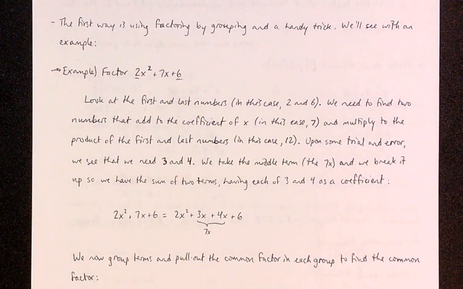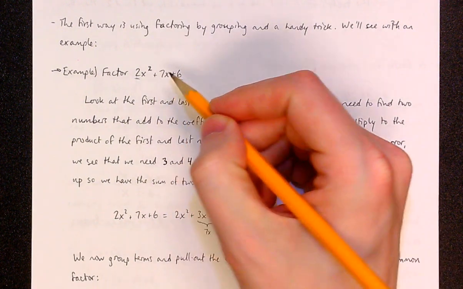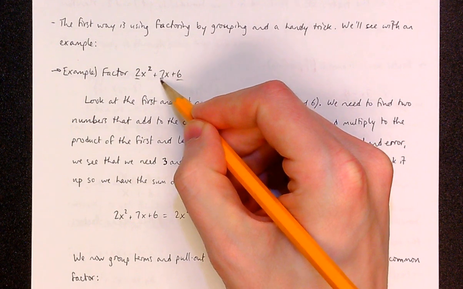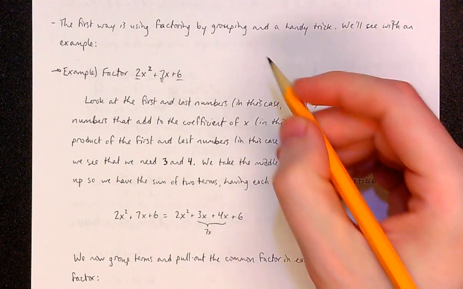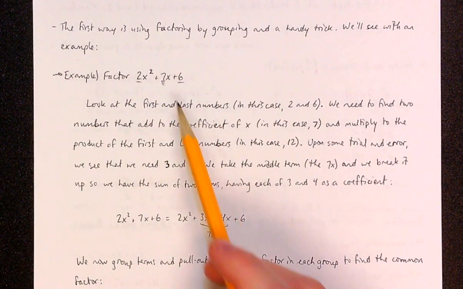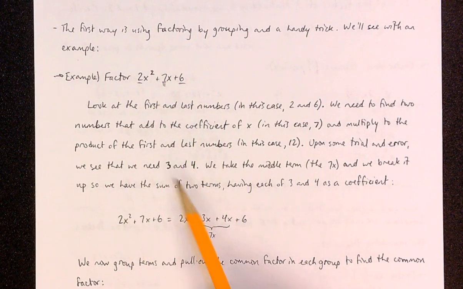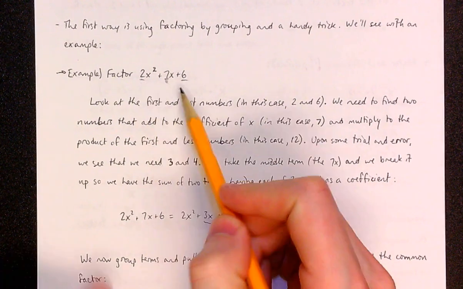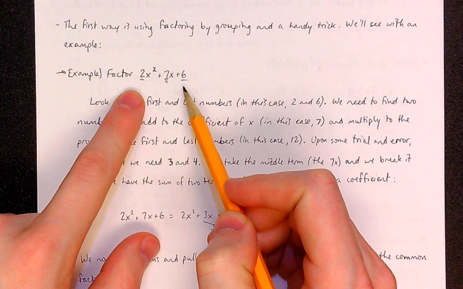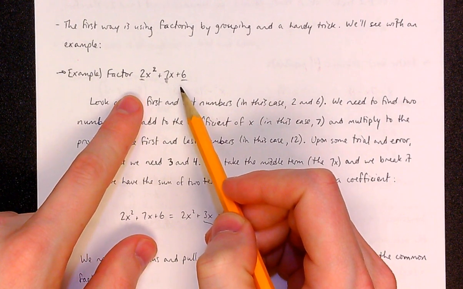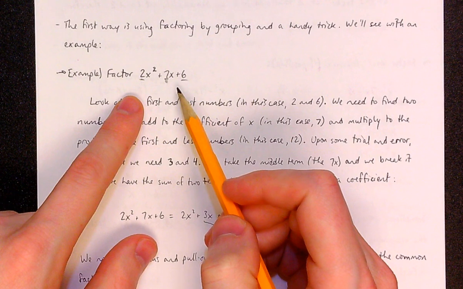What we are thinking is we need to come up with two numbers that will add to the number in front of the x, the coefficient on the x. So I need two numbers that will add to give me the positive 7. And those numbers also have to multiply to the product of these first and last numbers. So I need numbers that will multiply to give me 2 times 6 or 12.